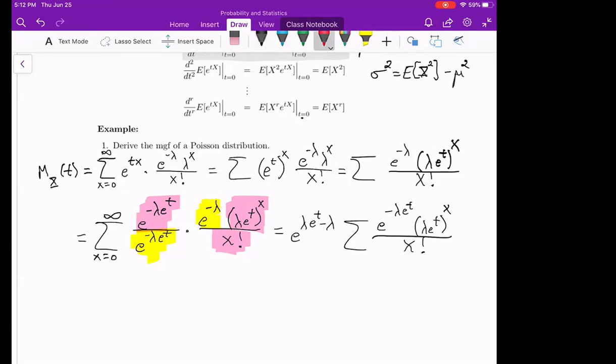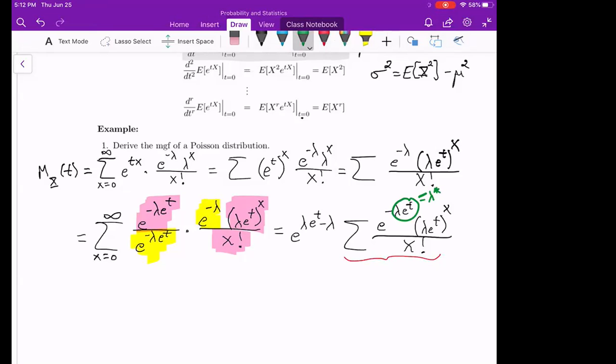And since, as I stated before, what's inside this summation is a Poisson distribution. It has the form of a Poisson distribution where lambda, or I'll say lambda star, is lambda e to the t.